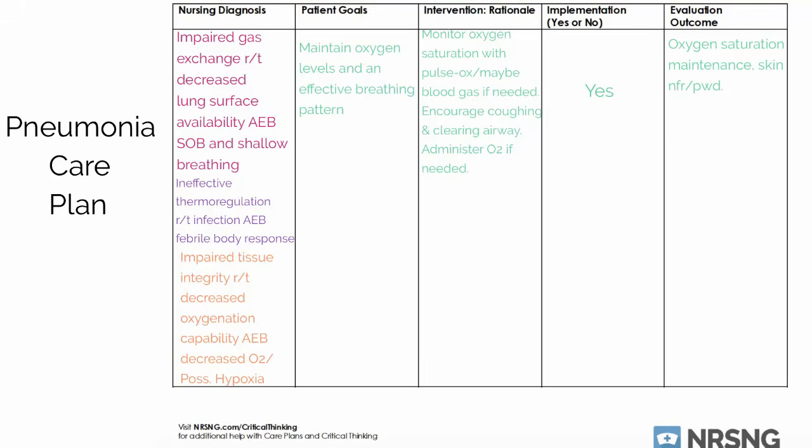So for our second patient goal, I put follow antibiotic plan and administration exactly as prescribed. So, or any sort of medication regimen that this patient would need to be on, but specifically the antibiotics.